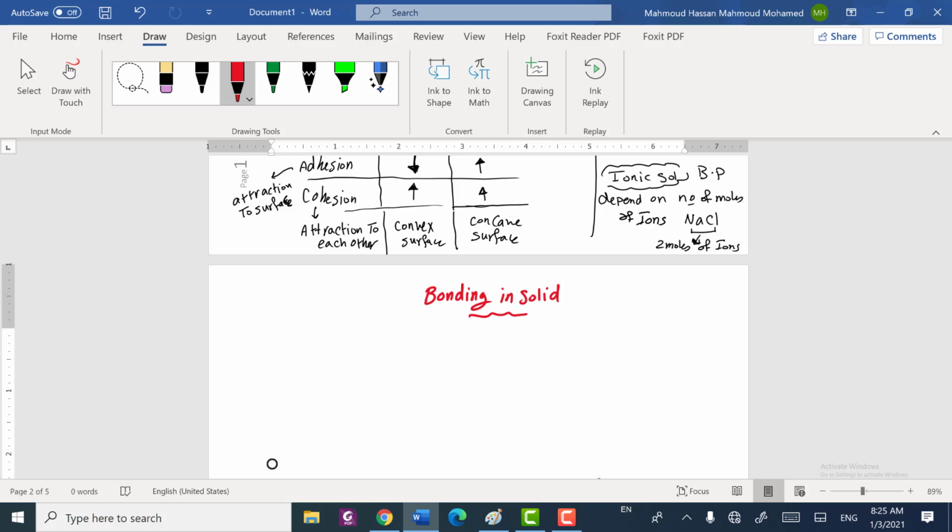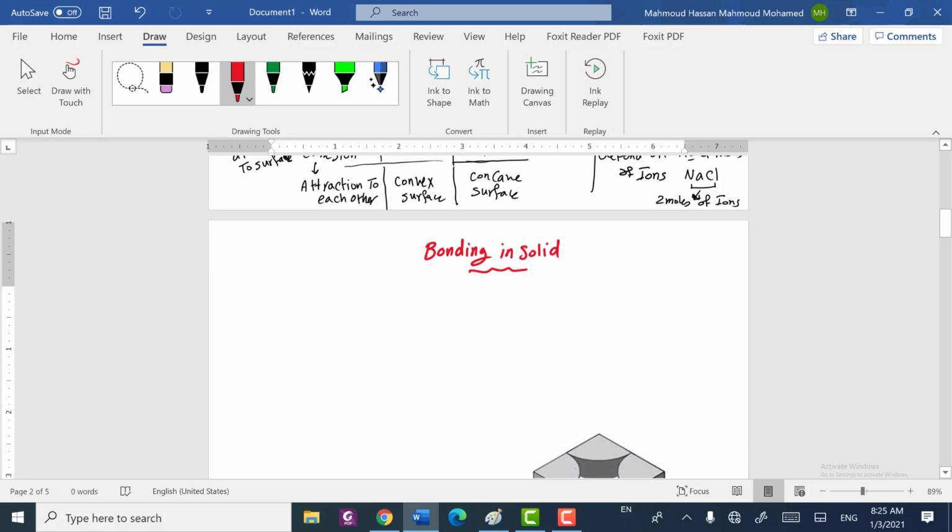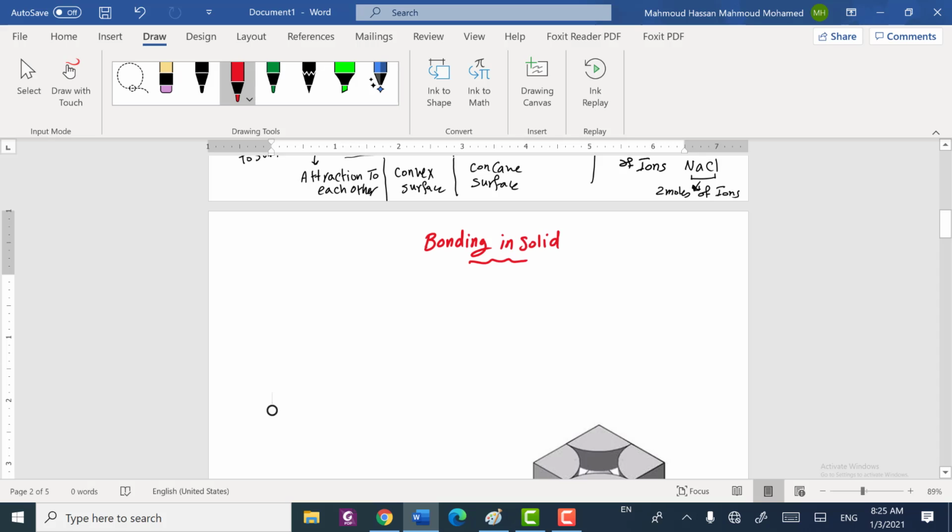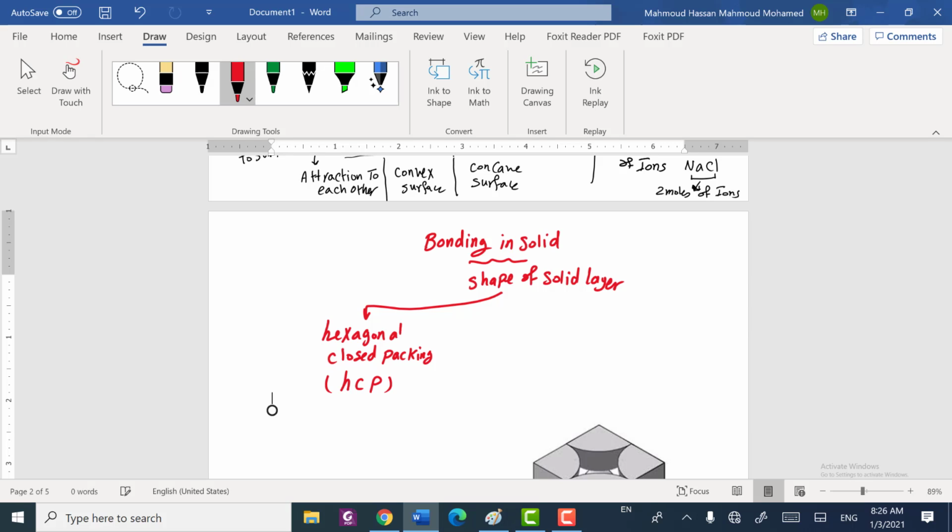Before we start to talk about the type of cubes of the solid crystals, we are going to talk about the shape of solid layers. We'll find the shape of solid layers may be hexagonal closed packing, which is called HCP, hexagonal closed packing.